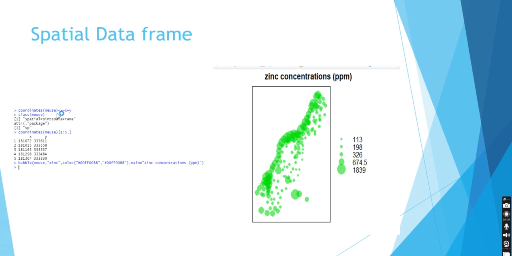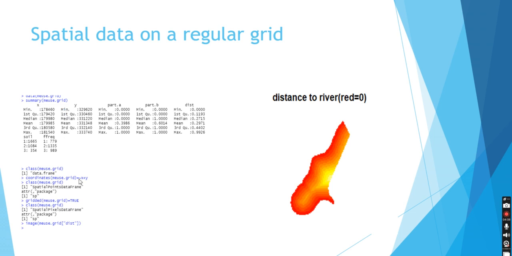If you don't want to give equal to, then it takes the arrow mark, and at the same time it takes the equal to also. Tilde symbol x plus y. Before converting the data.frame into a spatial points data frame, you need to give the coordinates function, and then only it takes the spatial points data. Then the class of meuse.grid: you need to see what class it prints, spatial points data frame.